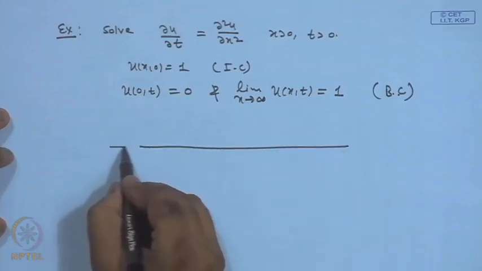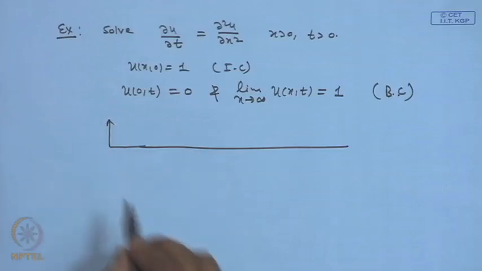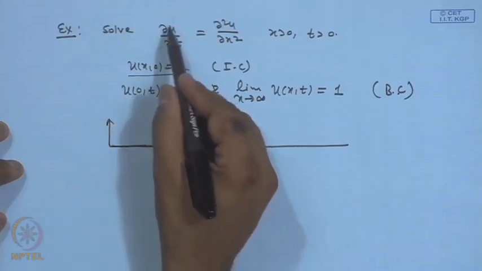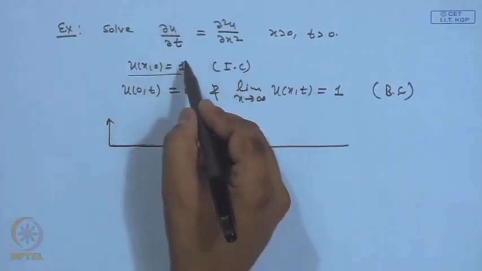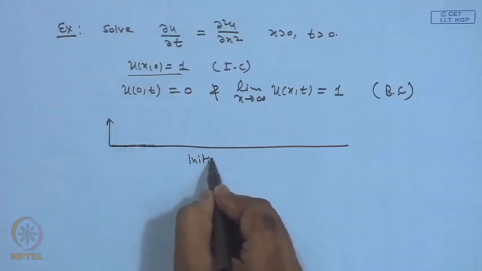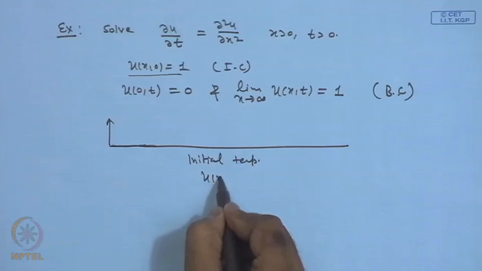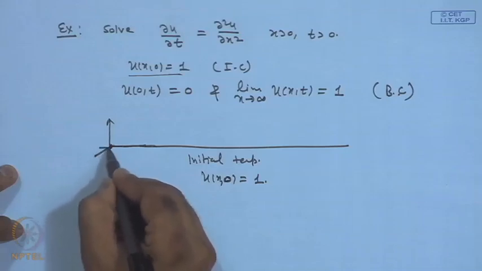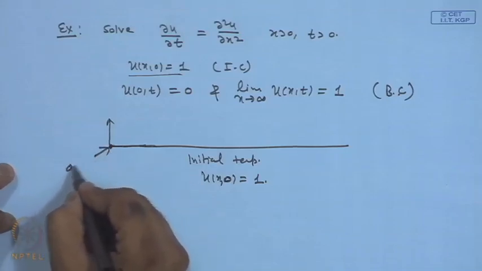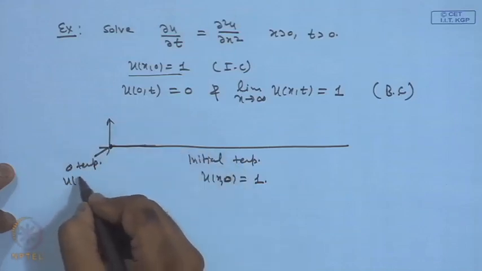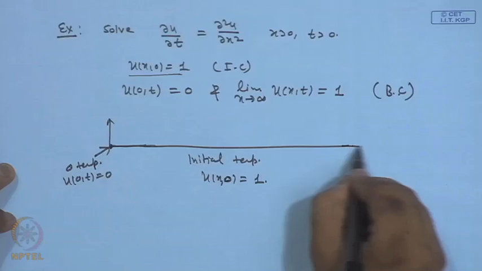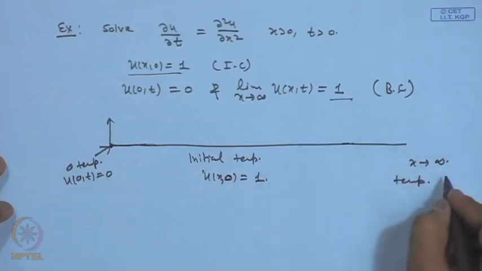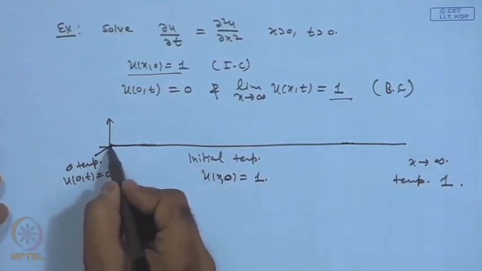So, if we consider this infinitely long metal bar, and if we think of this u as a temperature, the initial temperature, that is u(x, 0), was 1, and this end of the bar is kept at 0 temperature because it is given u(0, t) is 0, and at this end, as x approaches infinity, the temperature is again 1 as the initial temperature, because we put this end at 0.